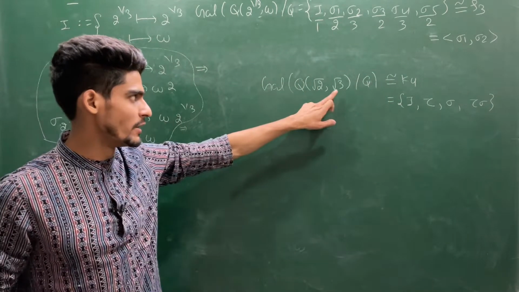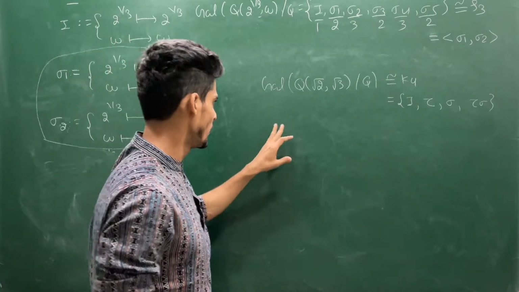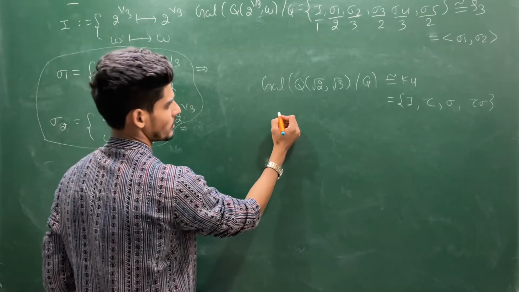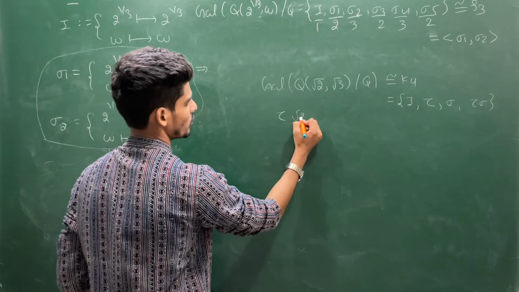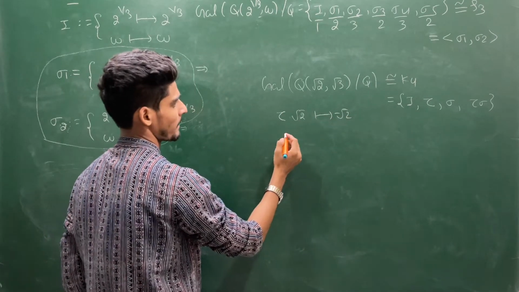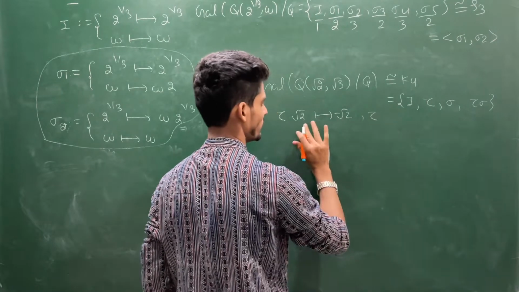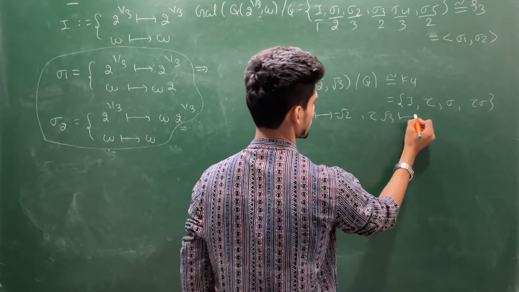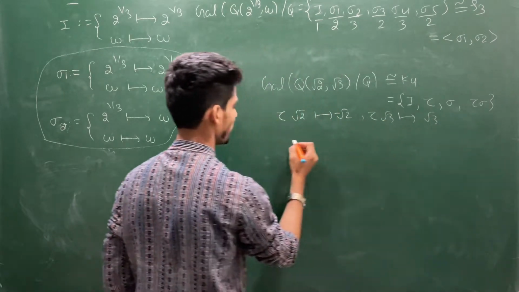So first let me make this clear. Here you choose, suppose, sigma sending root 2 to minus root 2 and, say, tau, and say root 3 goes to root 3.